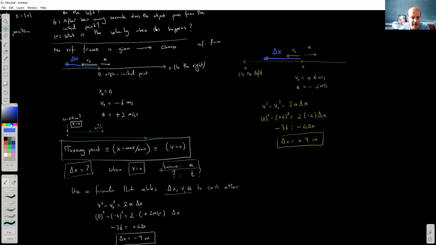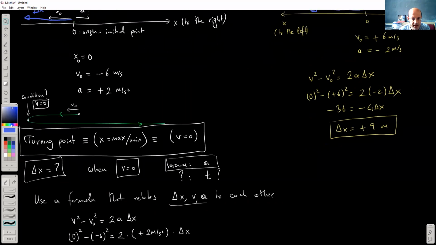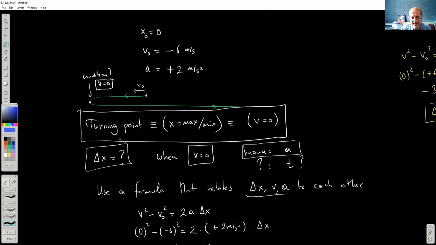I'm also going to object to some of the conceptual problems of some of the students. They tend to distinguish this part of the motion where the object is moving towards left from that part of the motion where the object is moving towards right. But there's no difference between them except that the velocity has a different direction in these two parts. But still, the acceleration is the same.